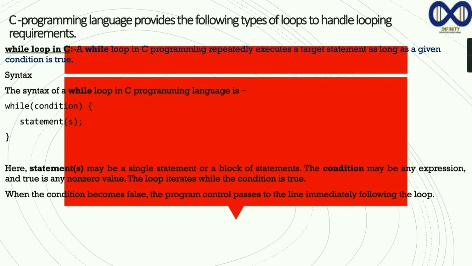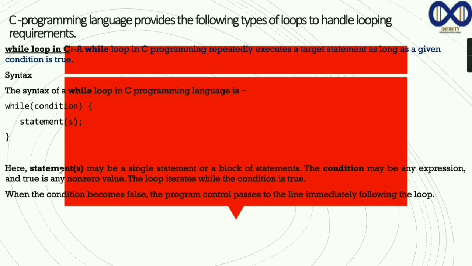The syntax of the while loop in C programming language is: while, condition, opened with opening braces, and here we write the statements of the while loop. After the completion of the statements, we close the syntax with the closing braces.